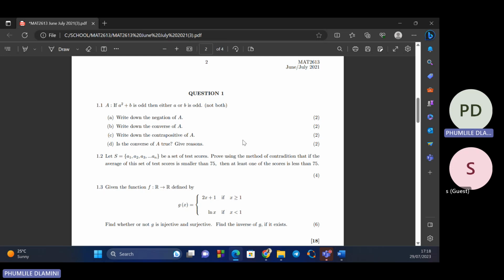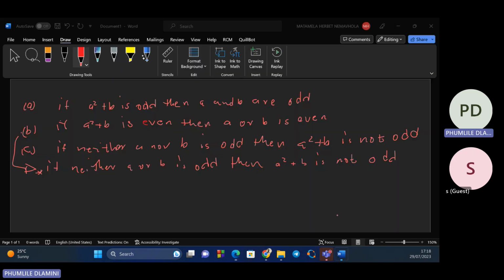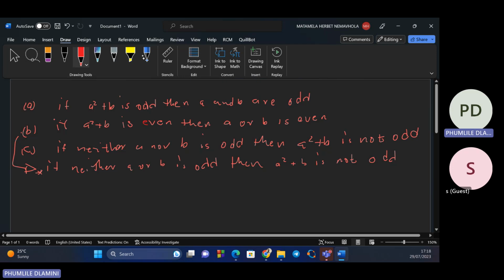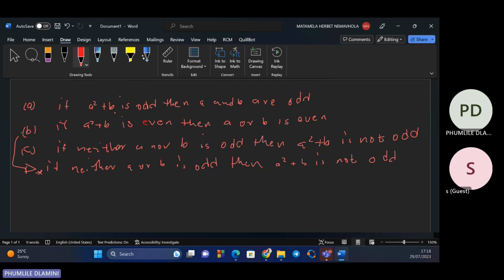So let's check our answer. If A squared plus B is odd, then A and B are odd. In this one, they say both A and B are odd.